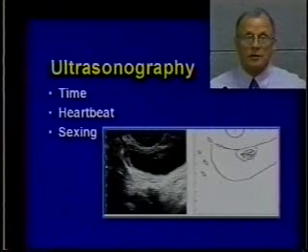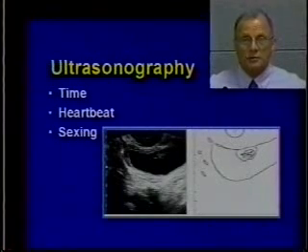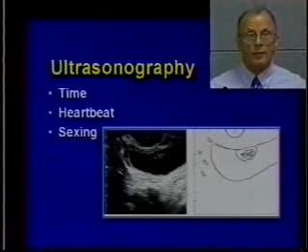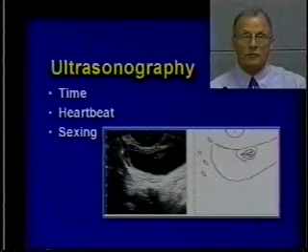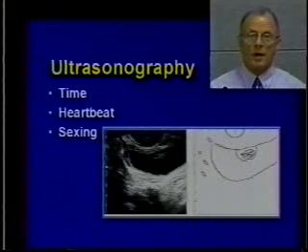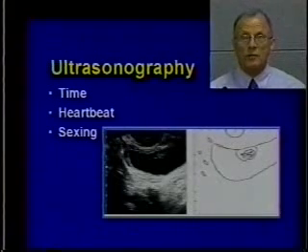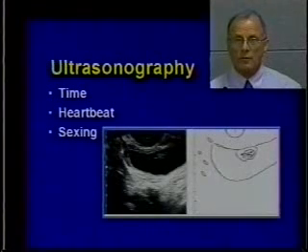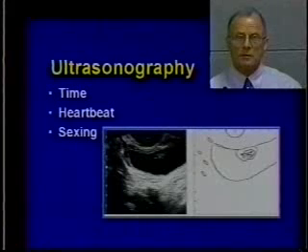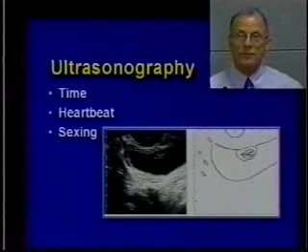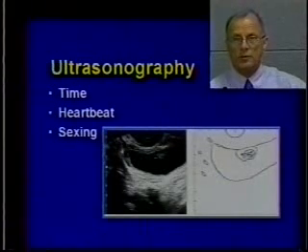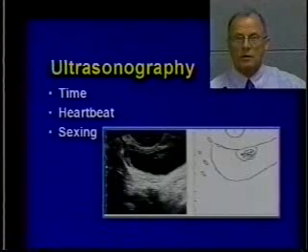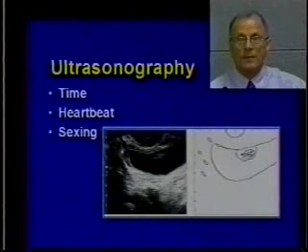But ultrasonography can do something palpation cannot. It can detect a heartbeat, and ultrasonography can be used to sex the fetus. From about day 55 to day 85 is a nice window to examine the fetus for a genital tubercle. In the case of the male, the tubercle is located just posterior to the attachment of the umbilical cord, where the prepuce would be.